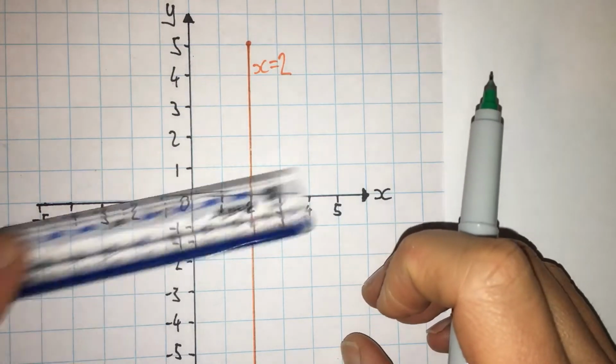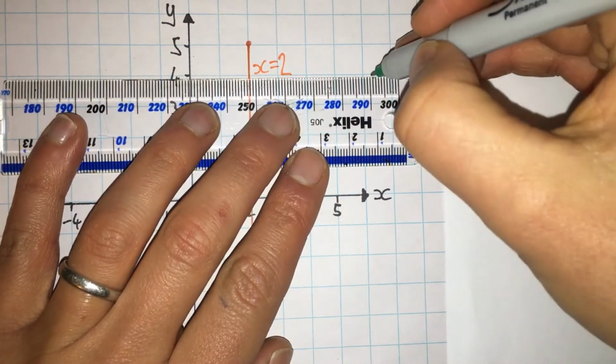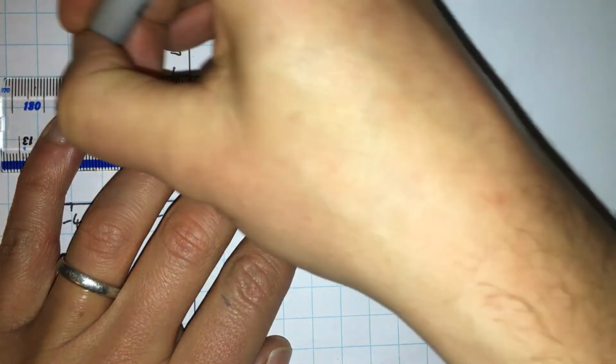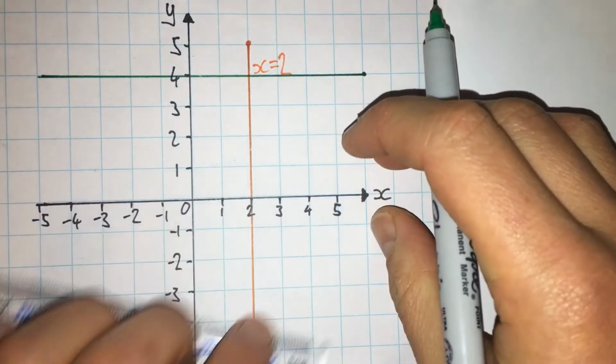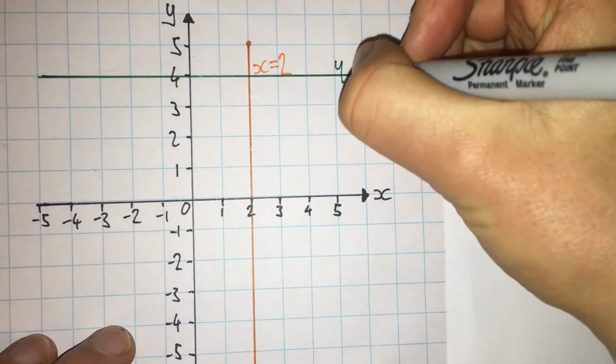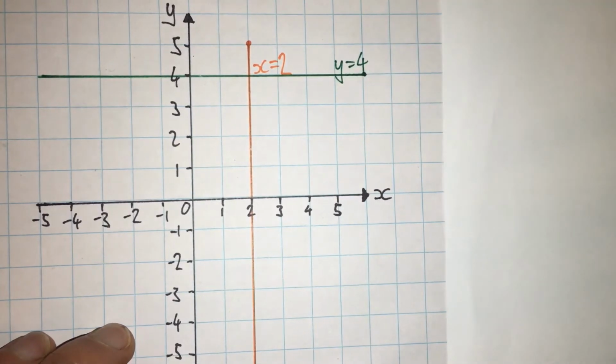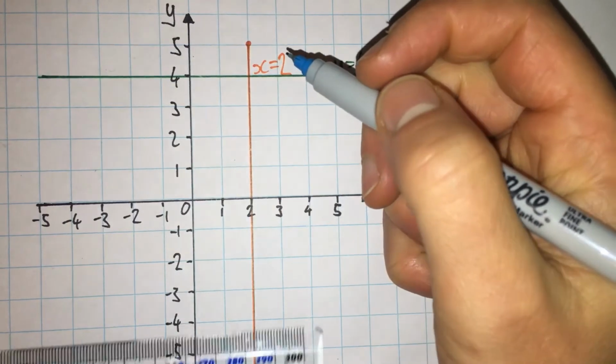Let's do a few others. Y equals 4. Well, that's a horizontal line that goes through the point where y equals 4. And I've done that in green. Let's have another one. Y equals minus 3.